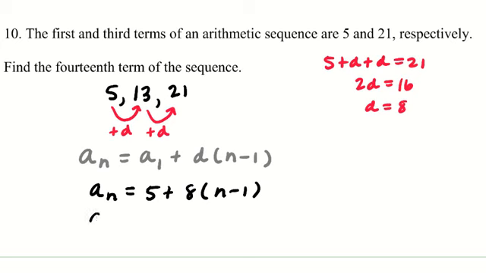So if I wanted the 14th term, I'm just going to plug in 14 for n. I don't know my times tables for 13, so 8 times 13 is going to be 104, plus 5 is 109.